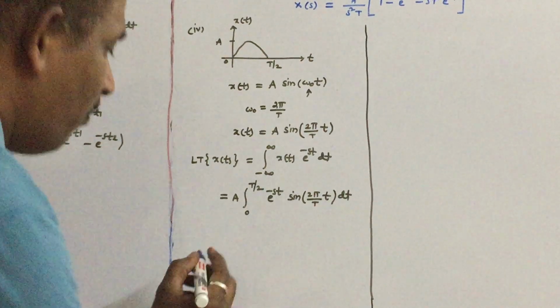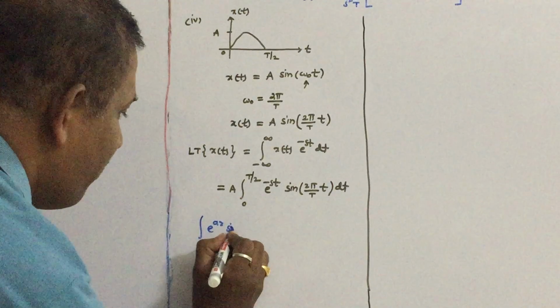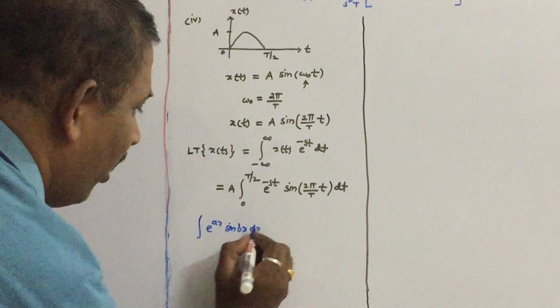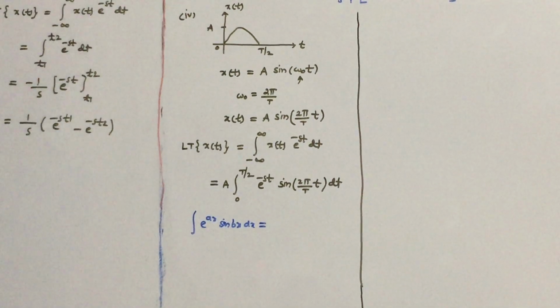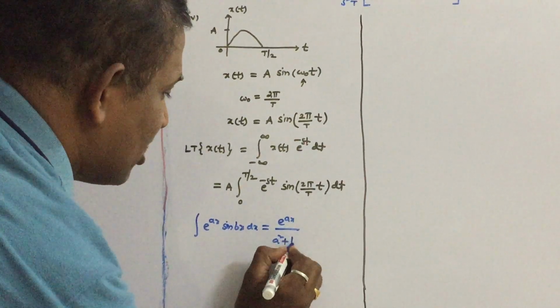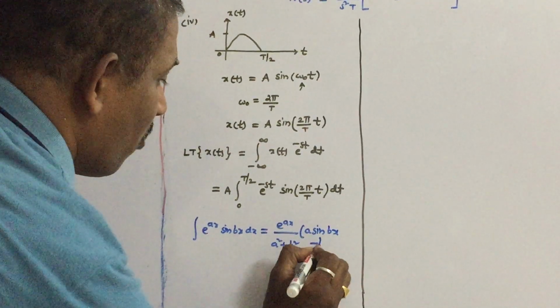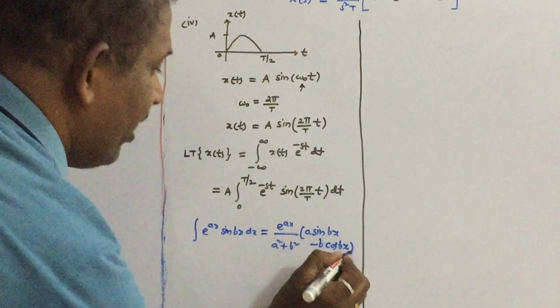So let us use this formula: the integral of e power ax into sine bx dx, another very important formula in Laplace transform subject. It is e power ax by a square plus b square, into a sine bx minus b cos bx.